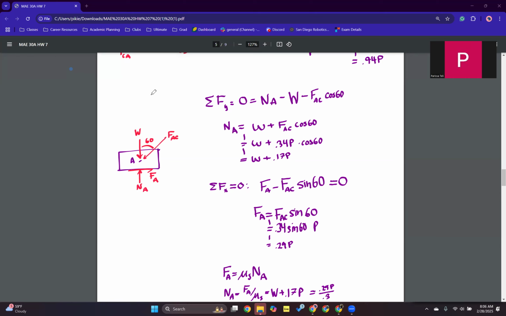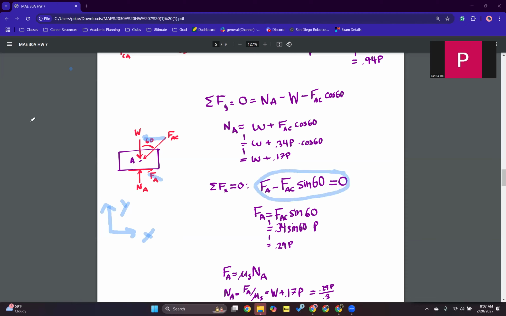Once again, the orientation is easiest in this case, pretty standard X, Y. So just take note of the forces acting in the X direction. That's FA and the X component of FAC, and that'll get you this equation here.